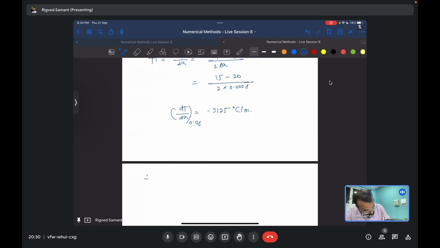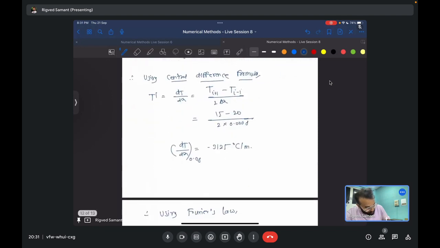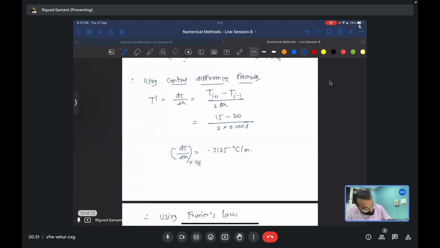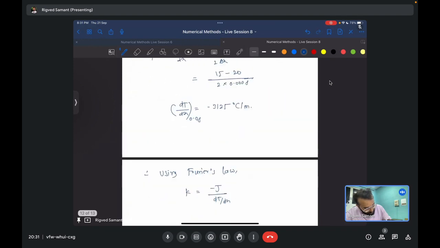So therefore, using Fourier's law, k would be minus J divided by dT by dx, right? So the minus sign is there.